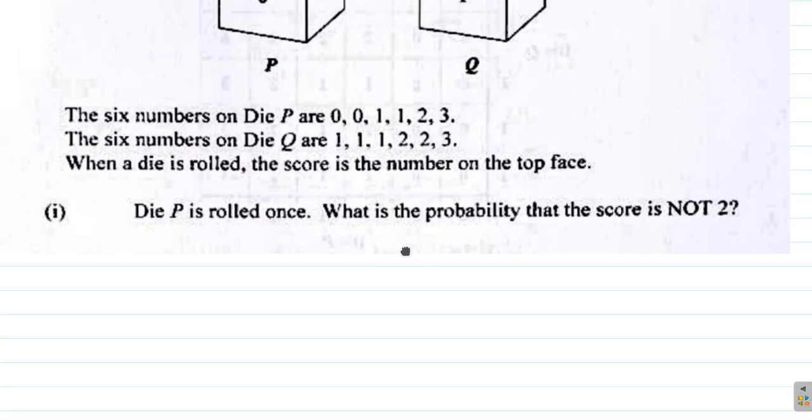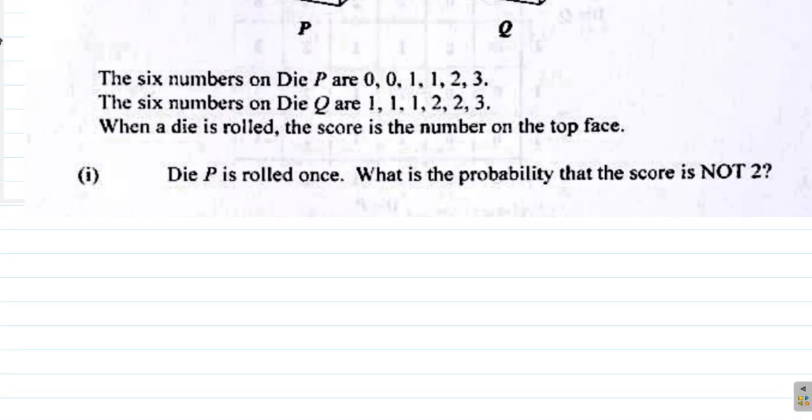The probability that the score is not 2. Here, you roll the die and you're not supposed to get 2. You have 2 ways of working this out.